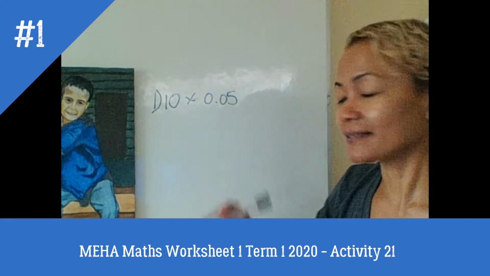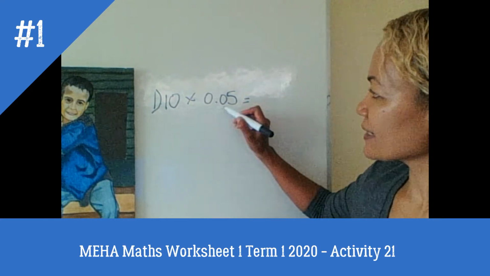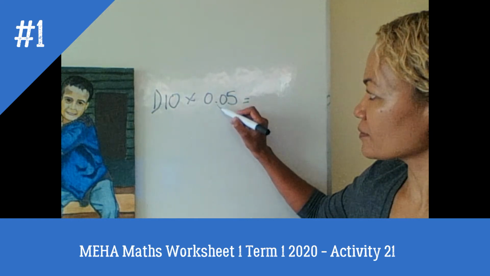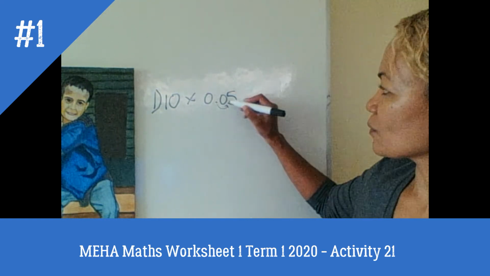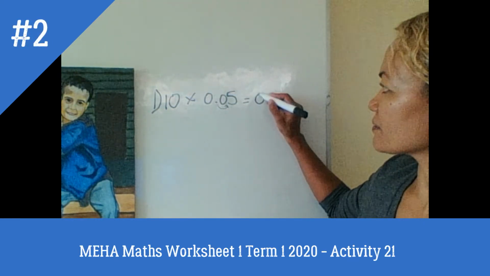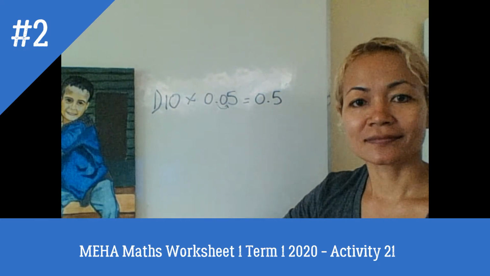Did you get it? Okay. Times 10, so it moves in this direction, 1 place to its new position there. So the answer is 0.5. Did you get that?